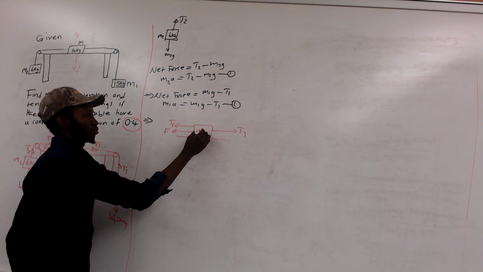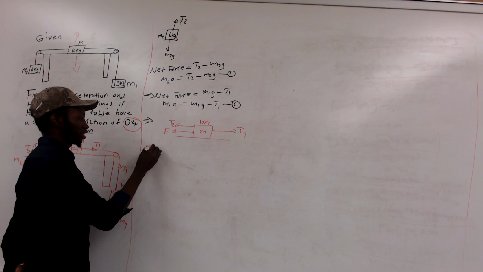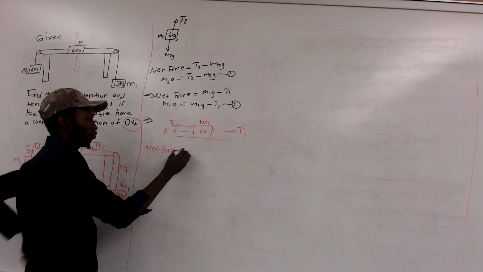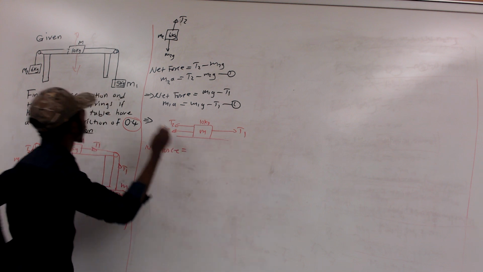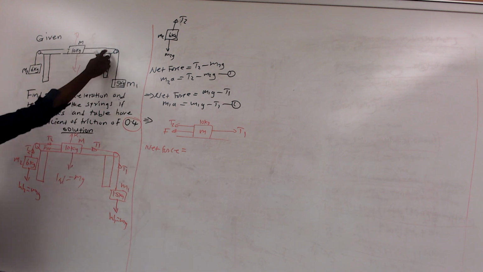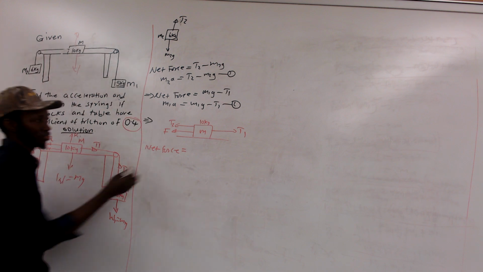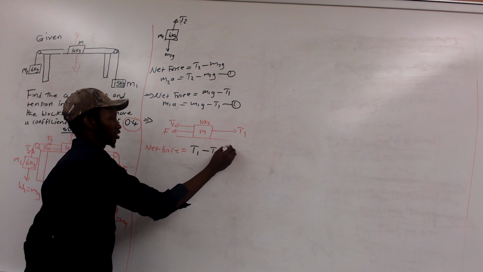So this is M, or 10 kg. The net force here definitely is going to be in this direction, because this 15 kilogram is greater than this 6. So this object will be pulled this way. So this tension is greater than this other side, so it's going to be T1 minus T2 minus F.